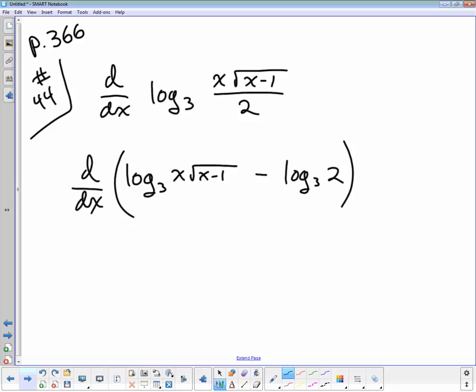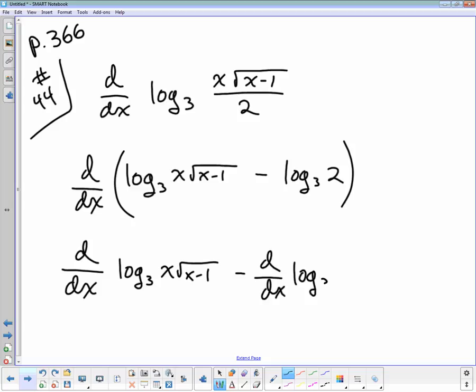So I can just use my log rules and ignore it.